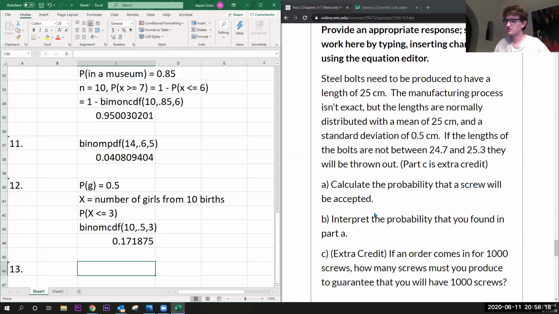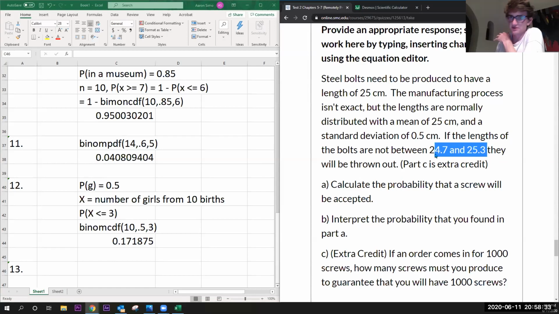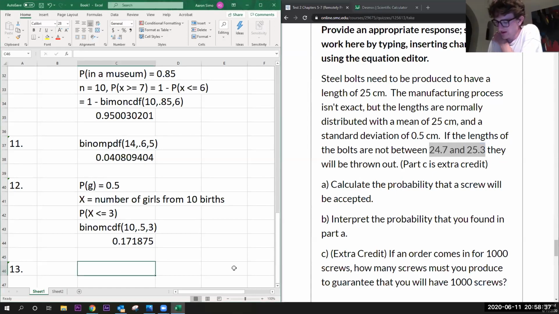All right, focus on A first. A screw will be accepted when it needs to be between 24.7 and 25.3.